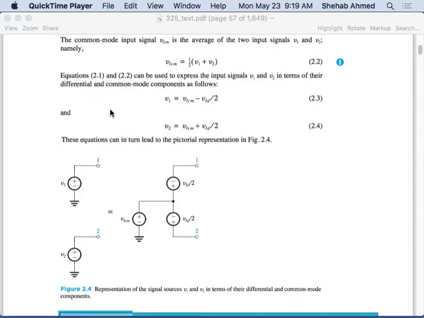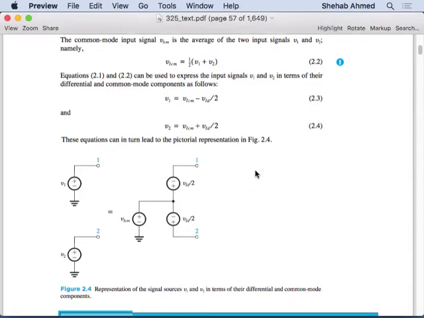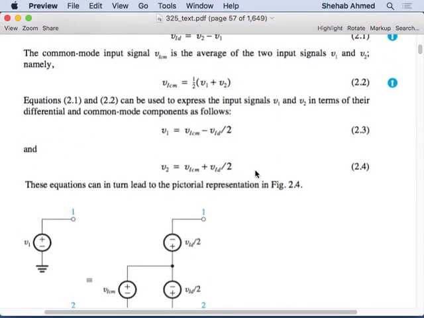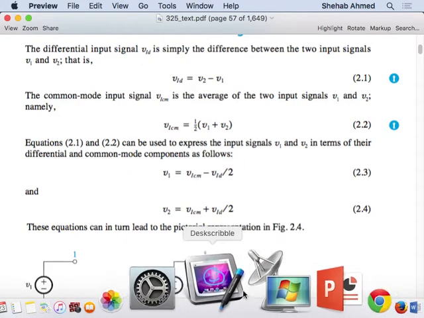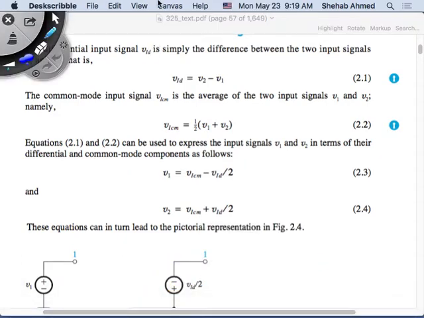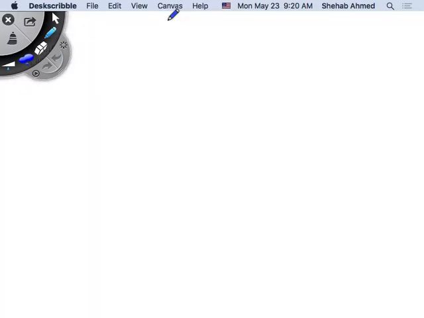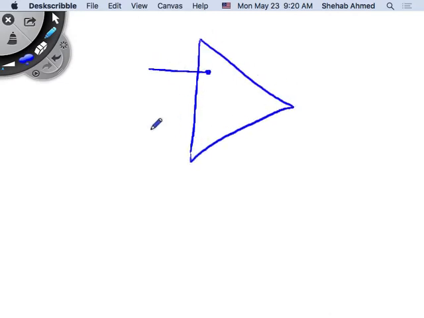Okay, so let's go back to where we were last time. We were discussing common mode signals and differential signals. This is my op-amp device, and this will be the positive non-inverting input, and this will be the inverting input, with V2 voltage here and V1 voltage here.